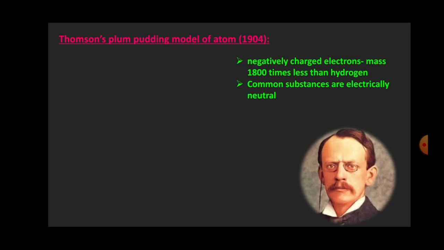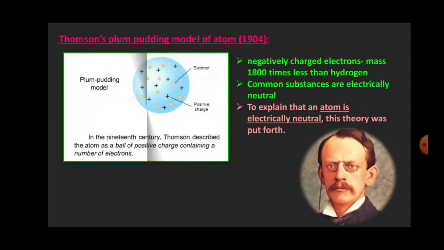So compared to hydrogen, the mass of an electron is almost negligible. And common substances are electrically neutral. Why? Because, as I said, the electrons and protons are equal in number. So to explain that an atom is electrically neutral, this theory was put forth by the scientist Thomson.